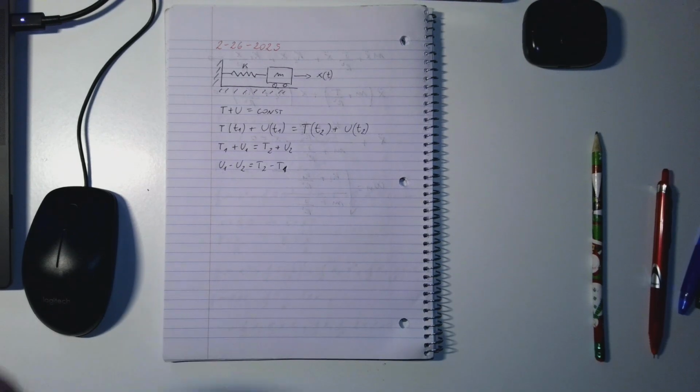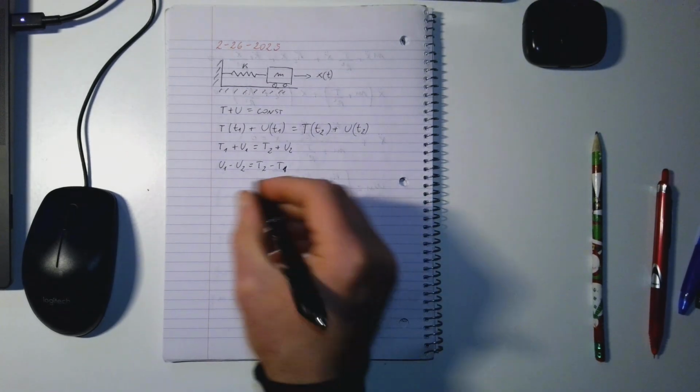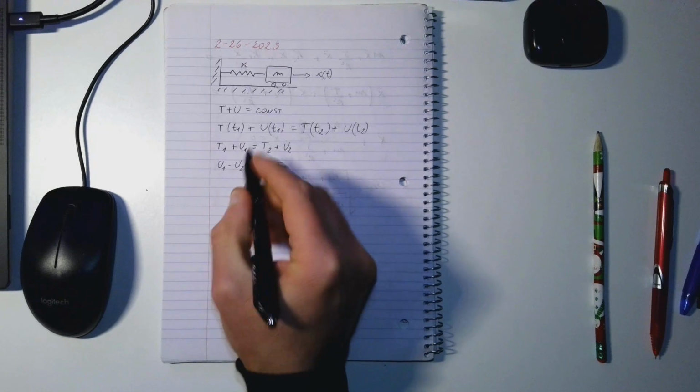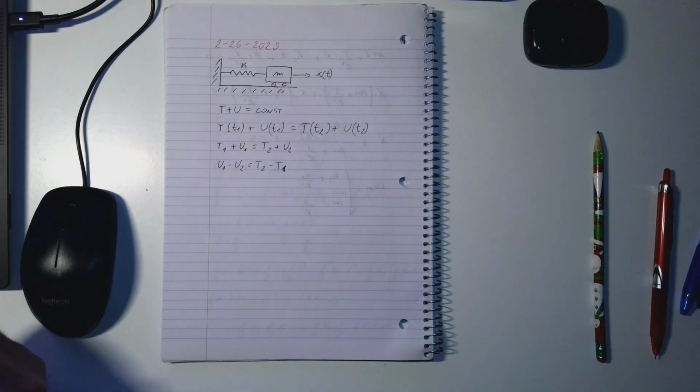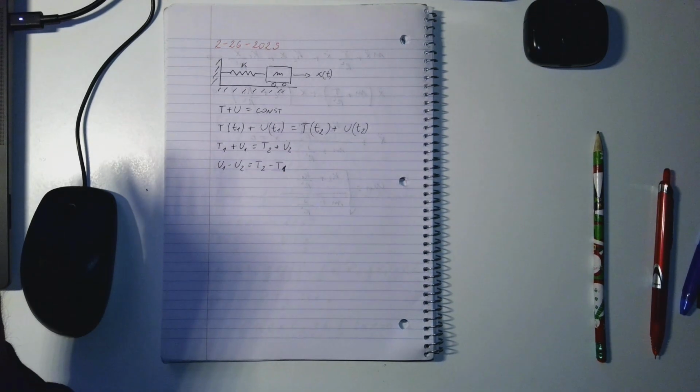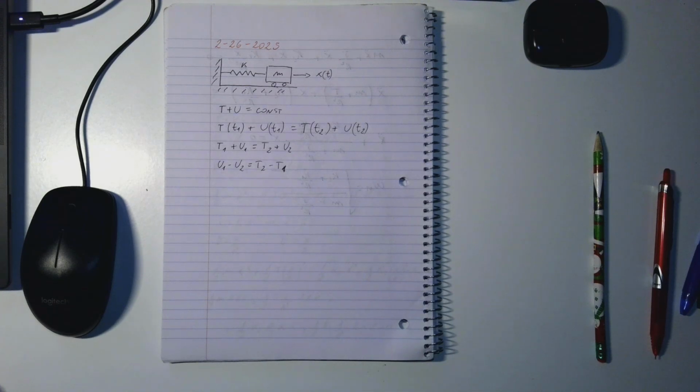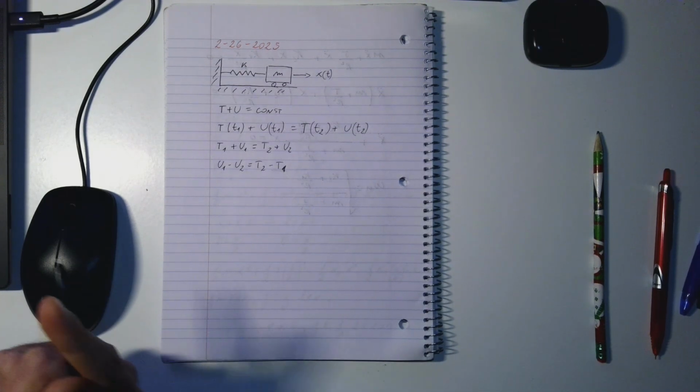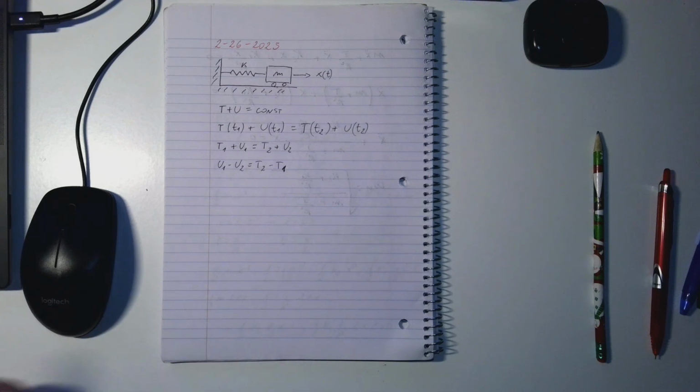And this is something that occurs when we look at the pendulum, when we look at the simple harmonic oscillator. So in this case, it means that we can also write the following expression: when we have at some point zero potential energy, we will have in some other instant maximum potential energy, and the same thing occurs for the kinetic energy.